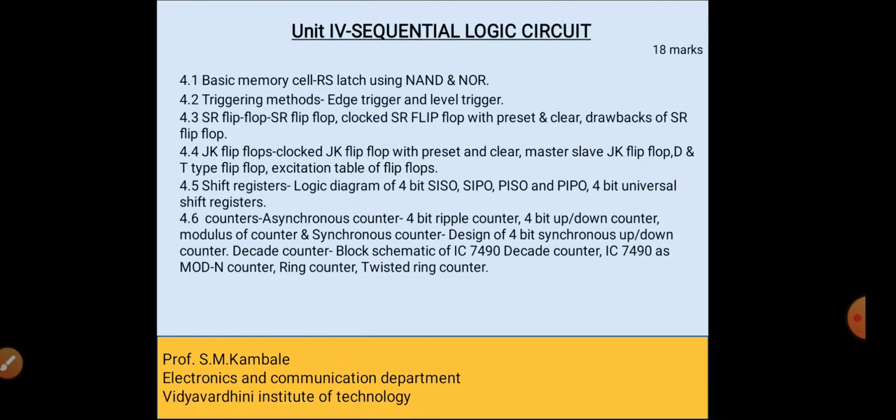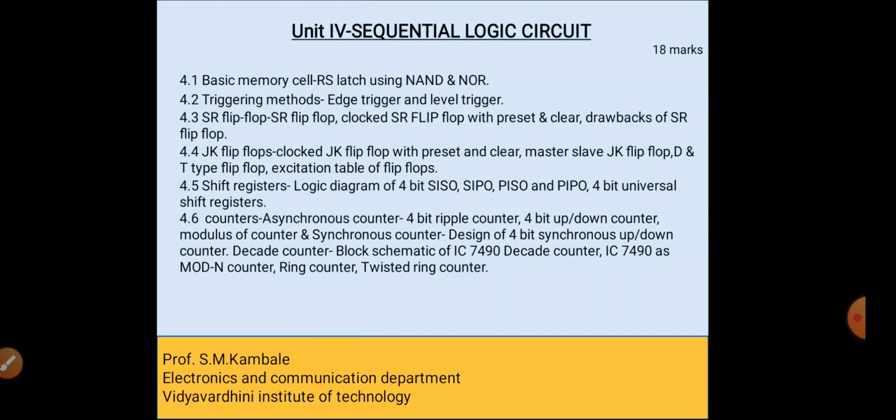Now looking at the last point of the fourth unit, that is counters. Counters are nothing but a watchdog timer which will see how many times an operation is going to be performed. There are two types of counters. One is the synchronous counter and the second is the asynchronous counter. In the synchronous counter, a clock signal is given to each and every flip-flop.